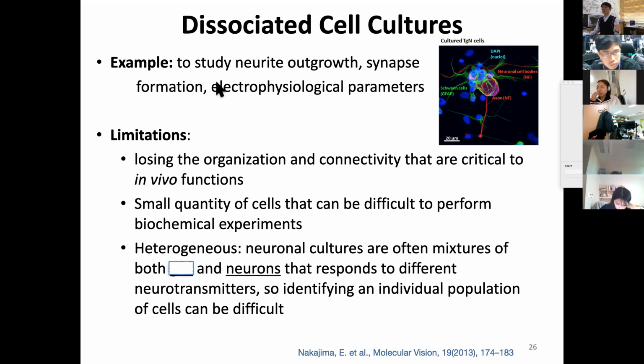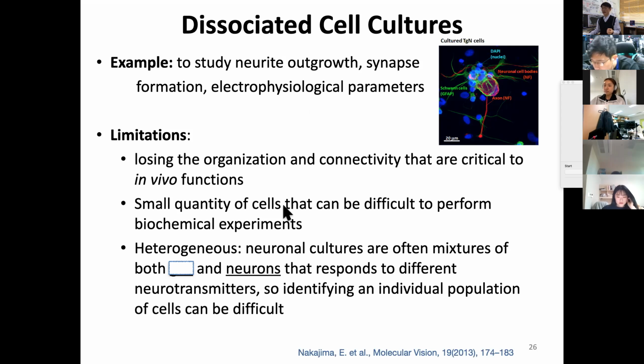What are the limitations? When you dissociate, you lose the organization and connectivity that are critical to in vivo functions. Because you are doing an in vitro study, small quantities of cells can be difficult to work with. They are too tiny for biochemical experiments. And what are biochemical experiments? You have a tissue chunk, you grind it, you run the study to find out the biochemical aspects.